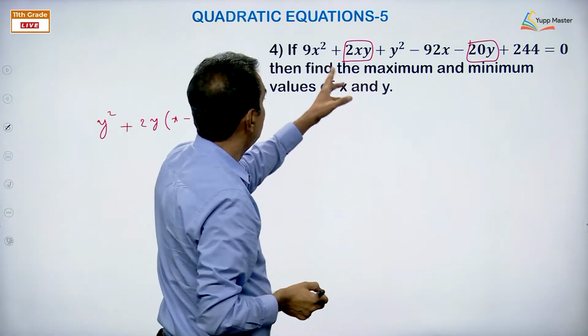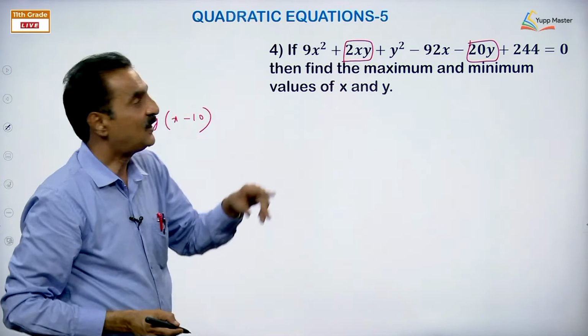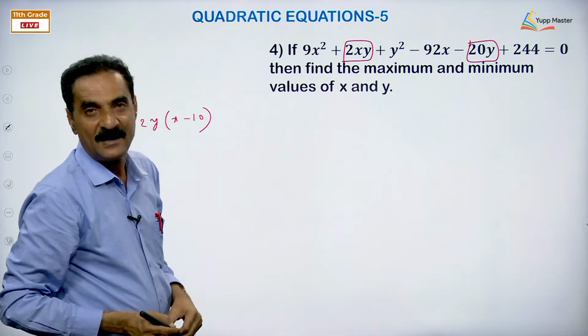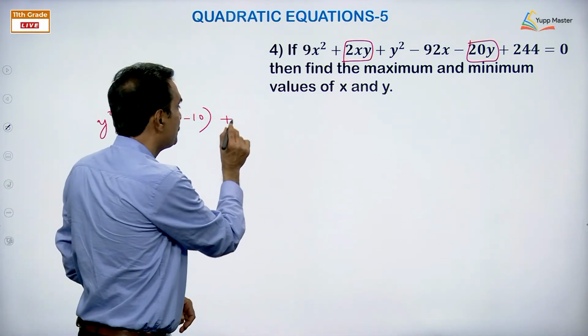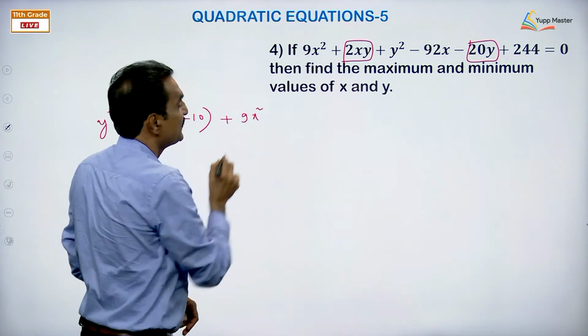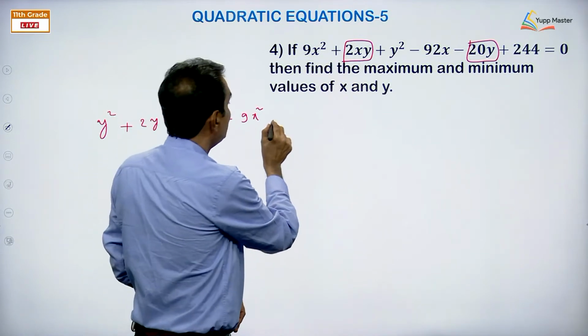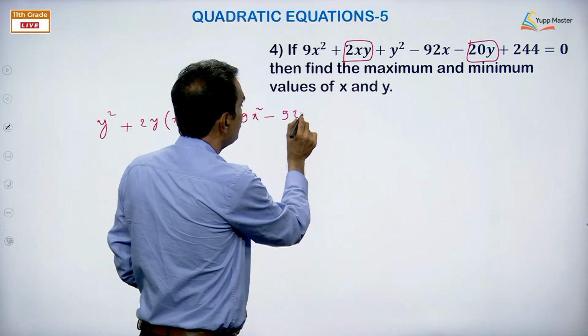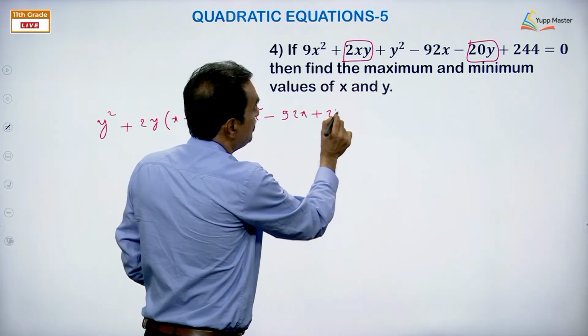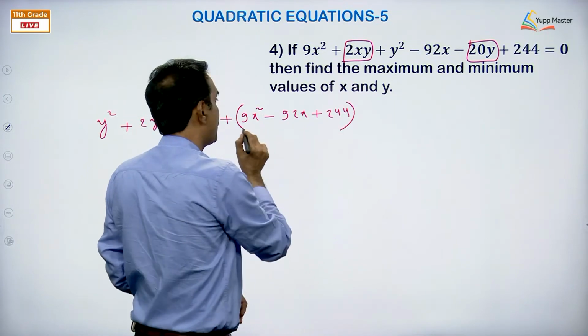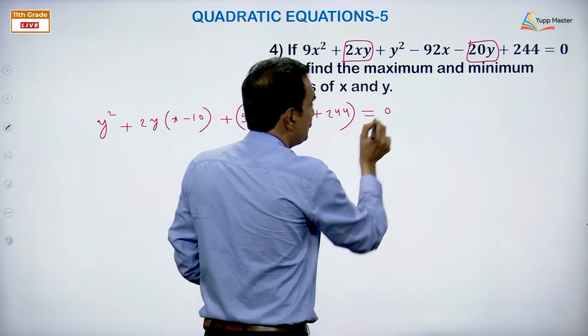Next, write the terms independent of y. What are the terms independent of y? 9x square minus 92x plus 244 is equal to 0.